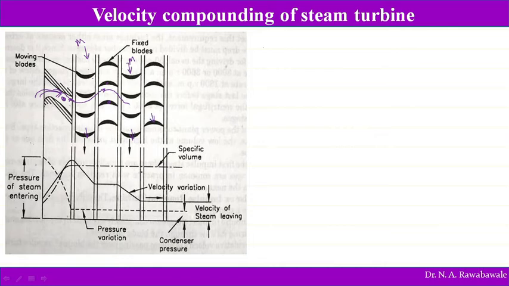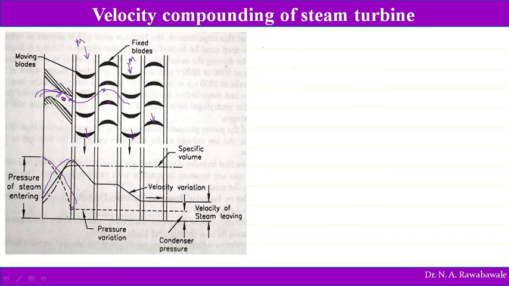Gradually the velocity of steam is reduced. We can see here the pressure of steam is reduced in the first set of nozzle, whereas the velocity of steam increases in this nozzle.